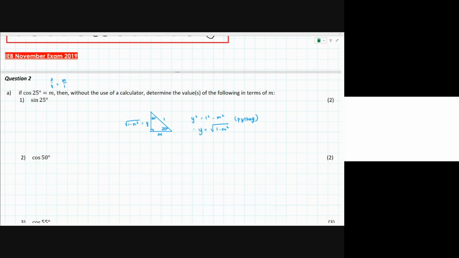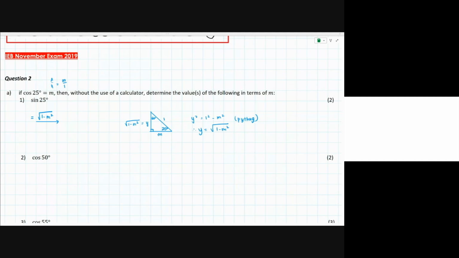Right, so all we do now, literally just read off our diagram, sine 25, opposite over hypotenuse, so 1 minus m squared. Yes, it's technically over 1, but remember, that doesn't change anything, so we just leave it like that.